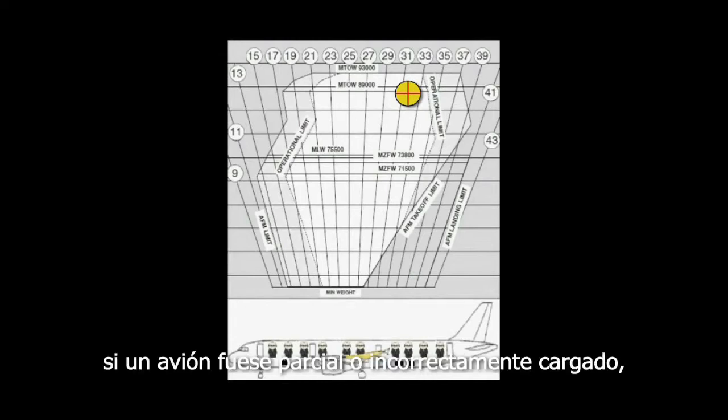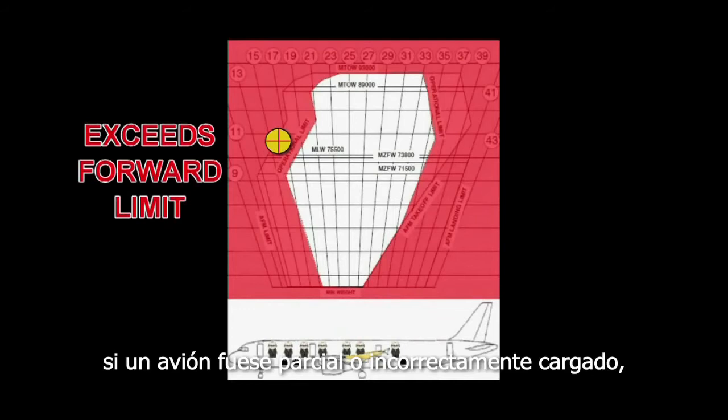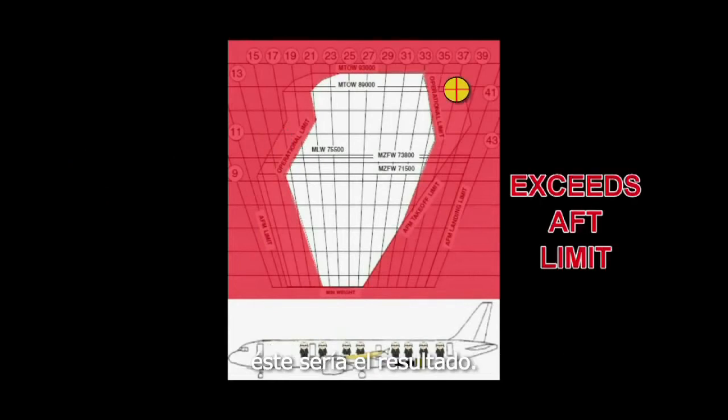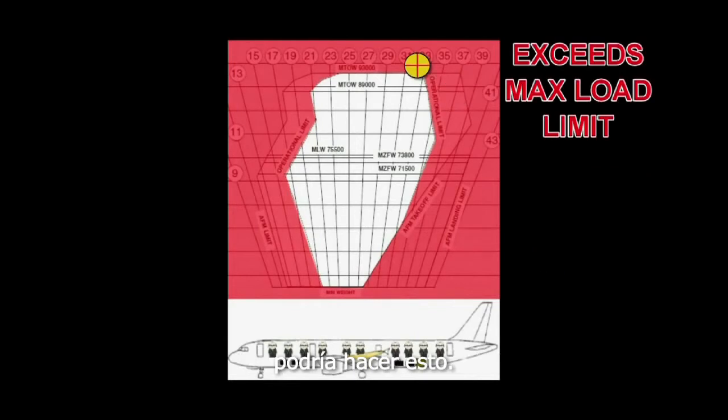However, if an aircraft were partially or incorrectly loaded with an excess of load in the front, this could happen. And if there were excess in the rear, this could be the result. Finally, undeclared or too much load may do this.